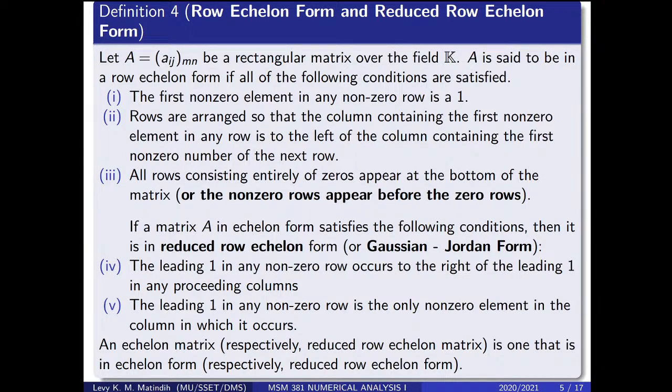The second one is that rows are arranged so that the column containing the first non-zero element in any row is to the left of the column containing the first non-zero element of the next row.